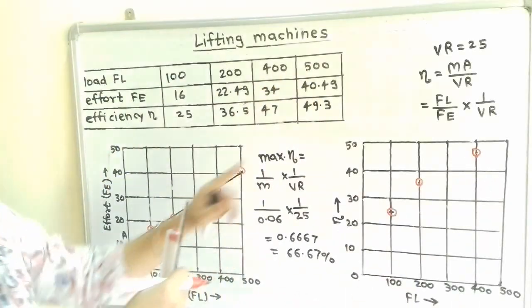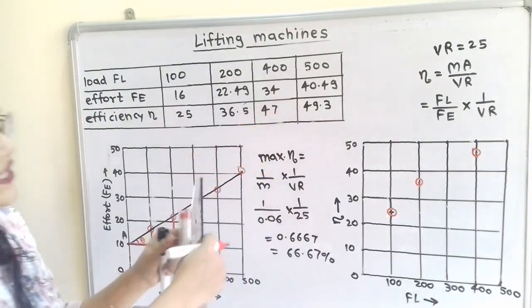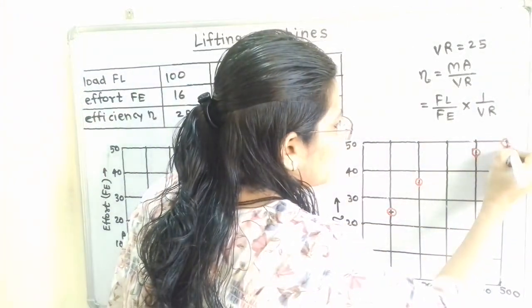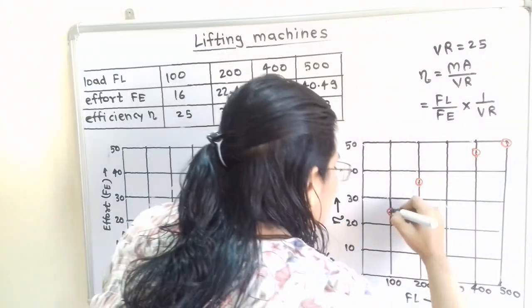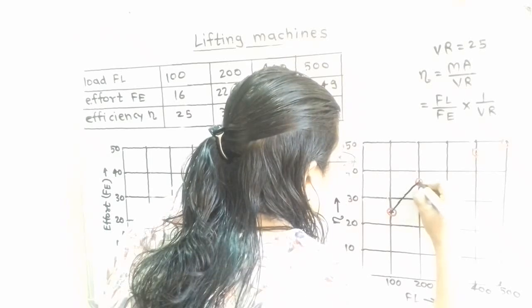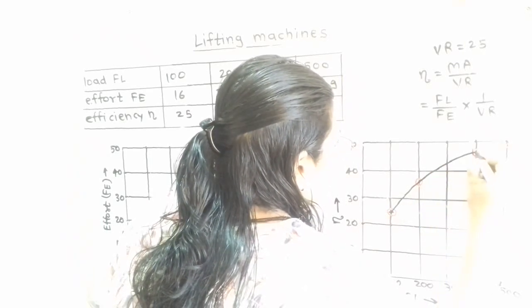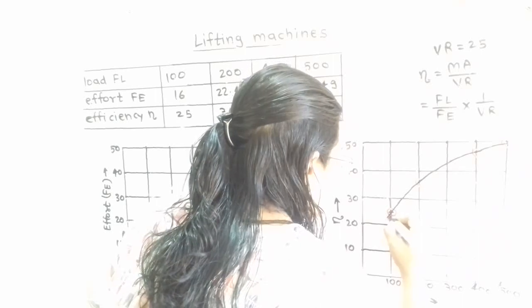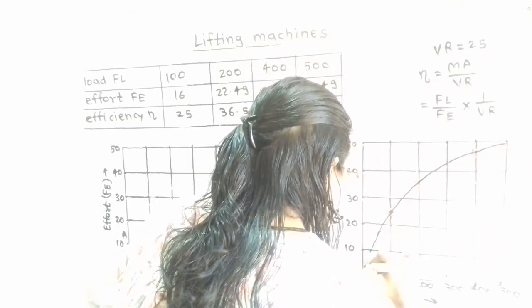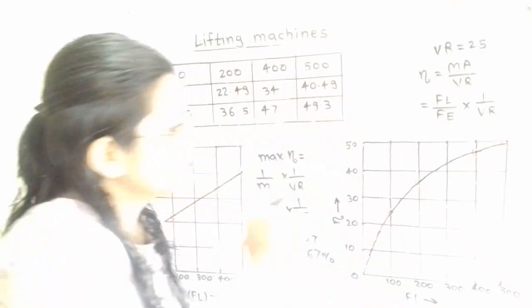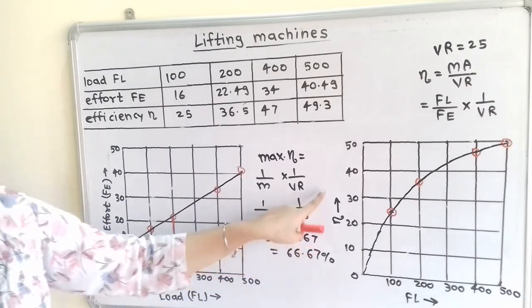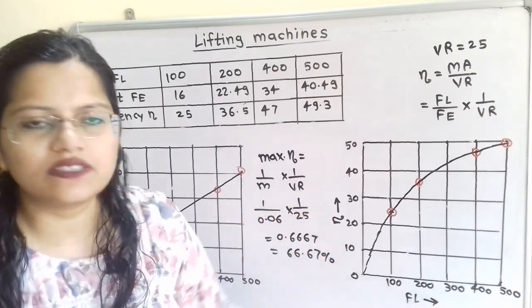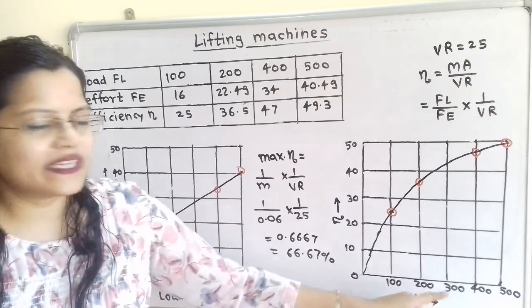And for 500 Newton, its efficiency is 49.3, so slightly below 50 we use the line. Now we will connect all these points with the help of a smooth curve. So this is the graph for efficiency in percentage versus load in Newton.